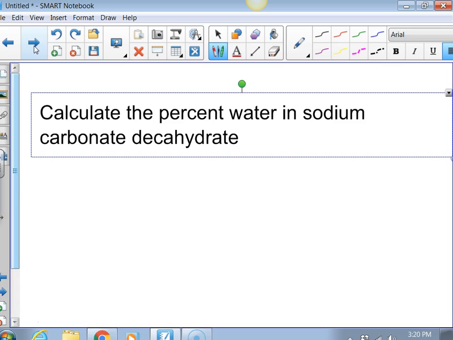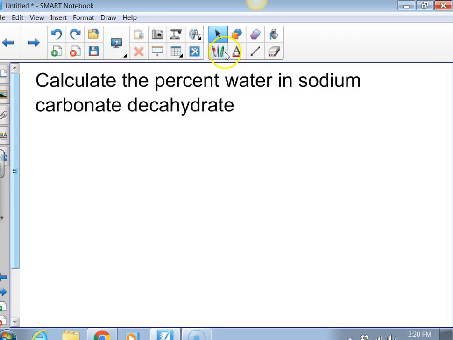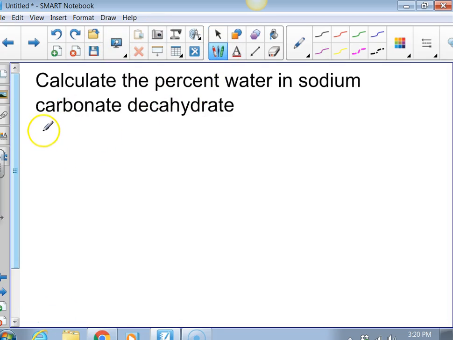Okay, next problem. We're going to look at hydrates. This is something that we'll be dealing with in lab soon. So we want to know the percent water in sodium carbonate, Na2CO3 decahydrate.